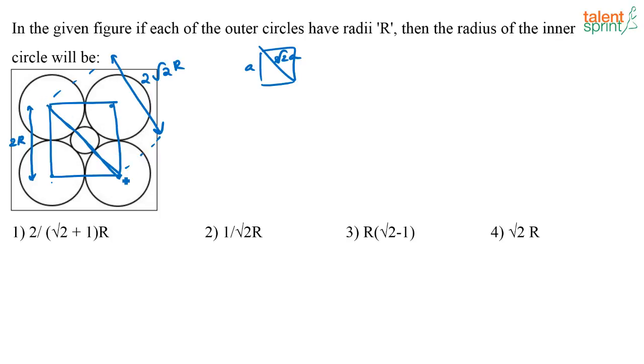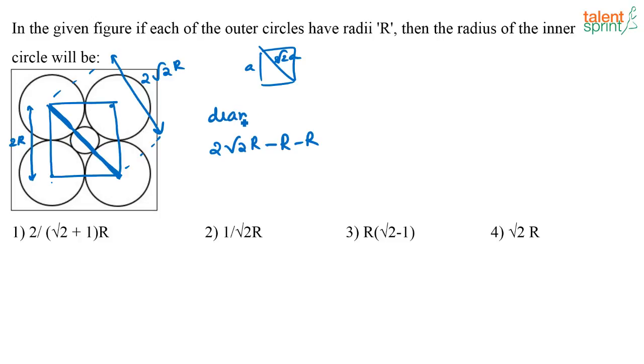Okay, now in this 2 root 2r, you know this is capital R, this is also capital R. So what is this length? See, 2 root 2r minus r minus r, that is the diameter of the inner circle.